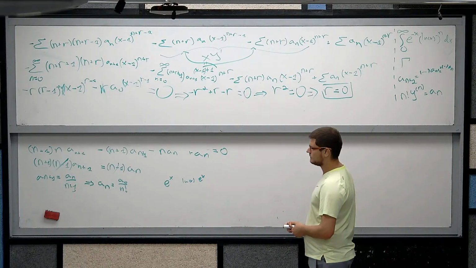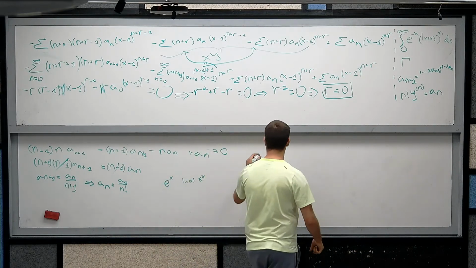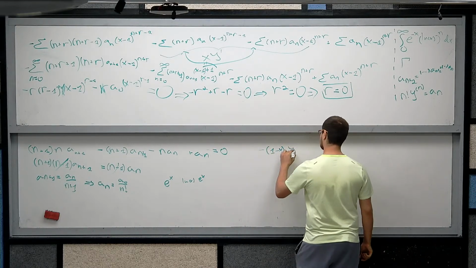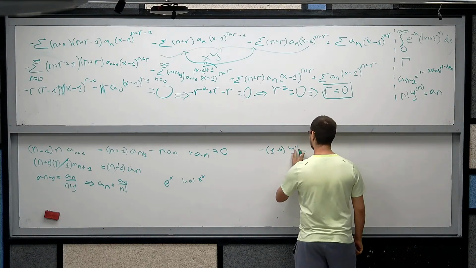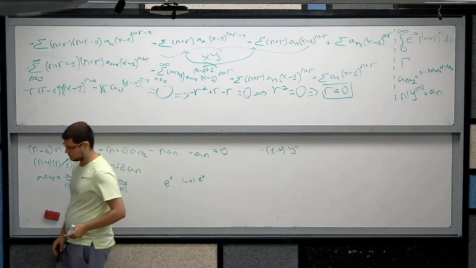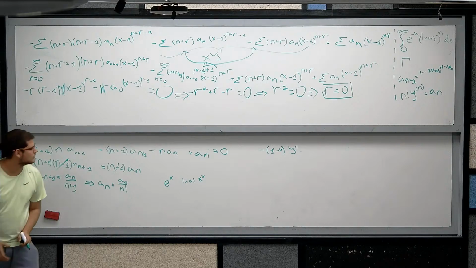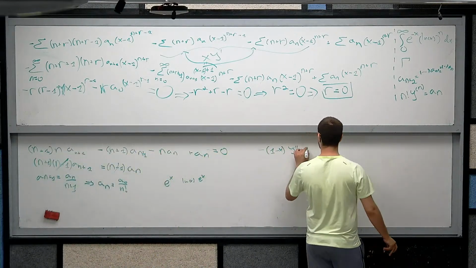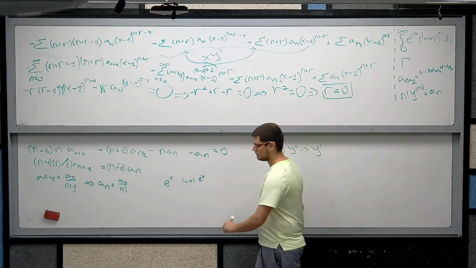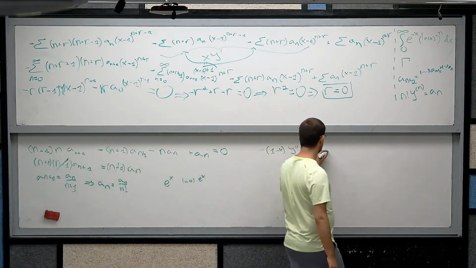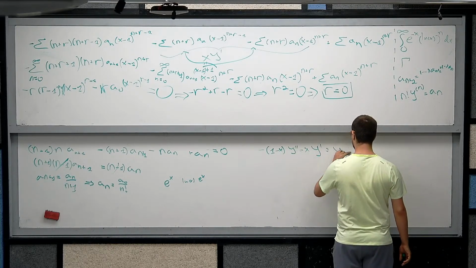So let's plug them in. What was the equation? Minus 1, x minus 1, y double prime, and then plus y, plus y equal to 0.